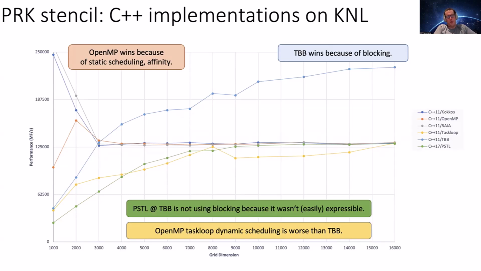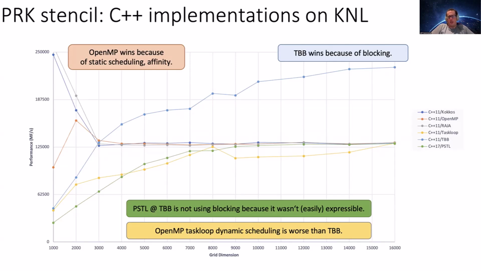But you can see here a couple of effects. One is, OpenMP wins on the low end because it's got all the affinity business and lays everything out in a simple way, and that works well when you've got a small problem, whereas dynamic scheduling in TBB and OpenMP has an overhead and takes a while to pay off. TBB is much better at dynamic scheduling than OpenMP was, at least when we did this. Maybe the runtime's better.